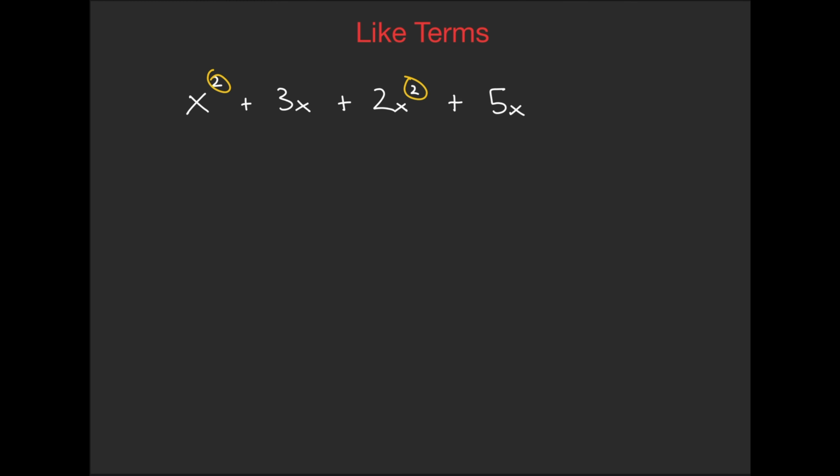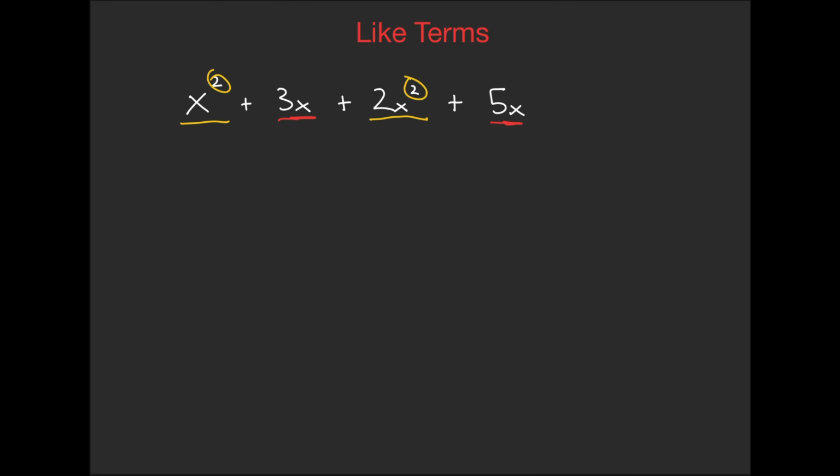They look similar to the x terms, but they are not like terms. x squared means x times x, and that's different from just x by itself. To be like terms, the variable, which is the letter, and the power both have to match exactly. So in this case, our like terms are x squared and 2x squared because the letter and the power match. And our other like terms are 3x and 5x.